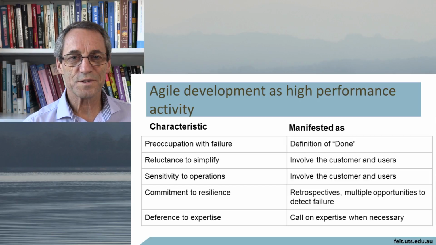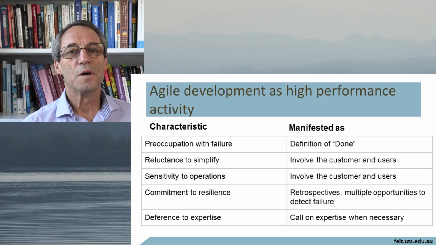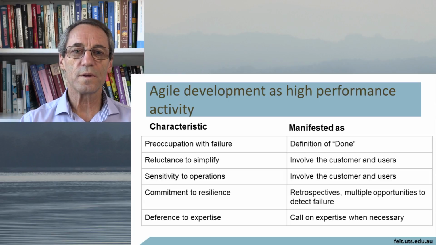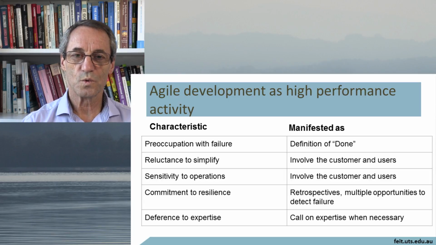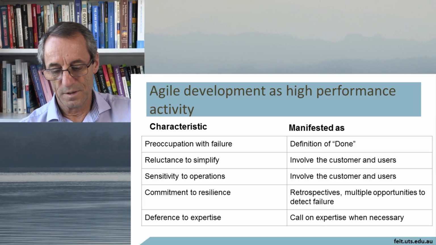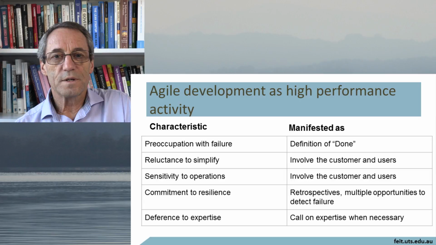Now, I certainly can't say that this happens in all circumstances and all projects with all agile teams, but I am arguing that agile software development has these concepts within it that allow it to act like a high reliability organization.